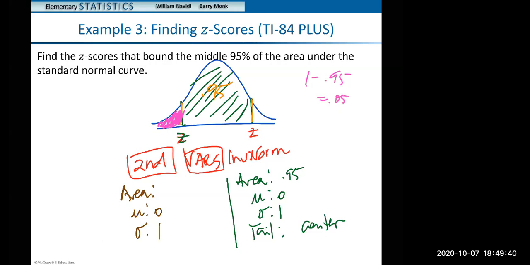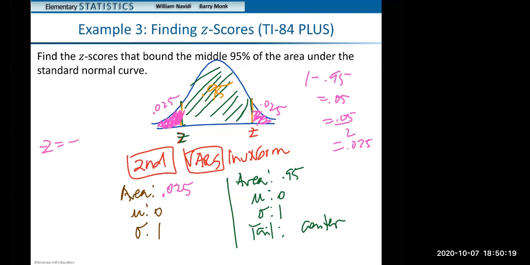And since you have two shaded regions here, if you divide this by 2, it's going to be 2.5% or 0.025. So each side is 0.025, not 25. Okay? So that's why the area to its left here is 0.025. You have to use 0.025. And then 0, 1, and enter, you will get the answer for this. What is the answer?